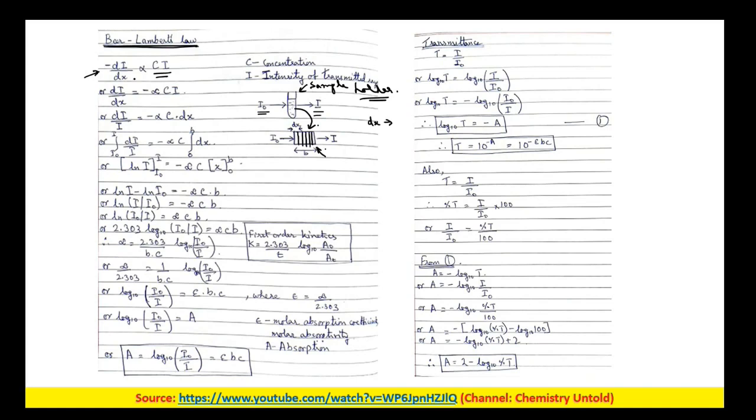Since it is absorbing, we have given this negative sign, minus of dI by dx, because there is a change in the intensity.